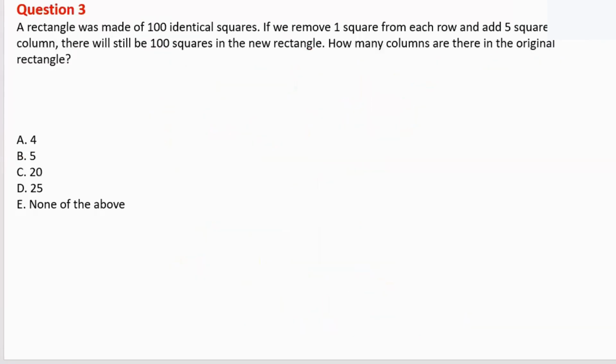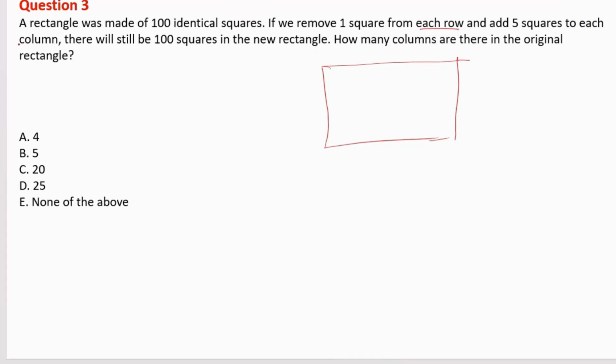Coming to the next question. A rectangle was made up of 100 identical squares. There was a rectangle with many small squares. If we remove one square from each row and add 5 squares to each column, then there will be 100 squares. Let's suppose we have to count how many squares there are.